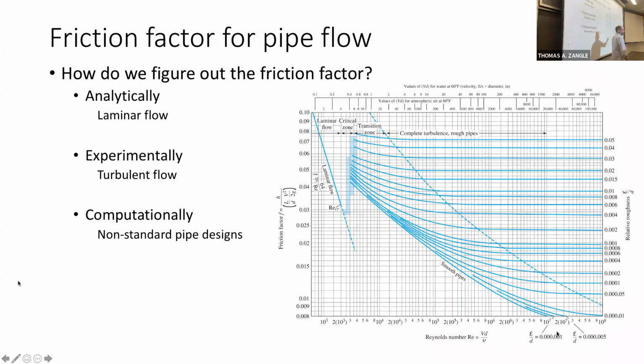And we used some scaling analysis to figure out what are the important non-dimensional parameters that govern this problem. We determined that there were going to be 3, and we wrote them down as this friction factor F, which is non-dimensional, Reynolds number, our old friend, which is non-dimensional, and this epsilon over D, which is the relative roughness of the pipe. So epsilon is the roughness of the pipe material.